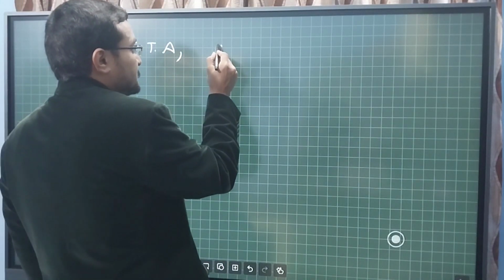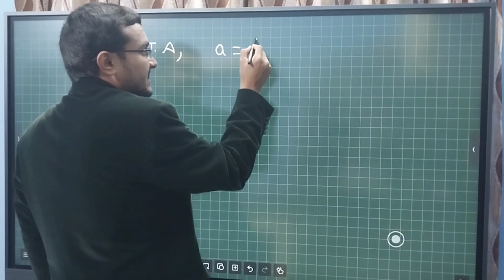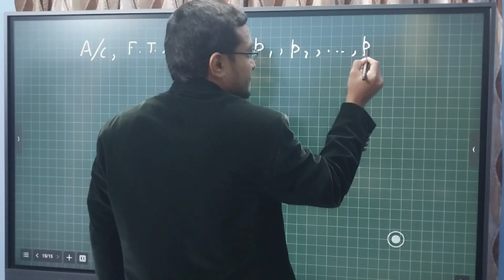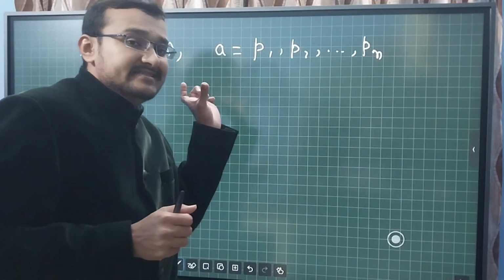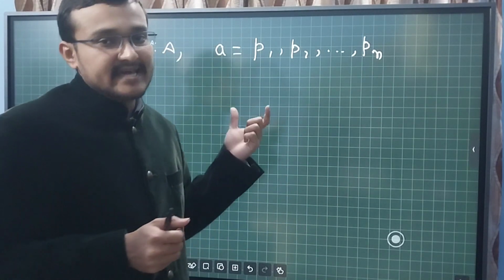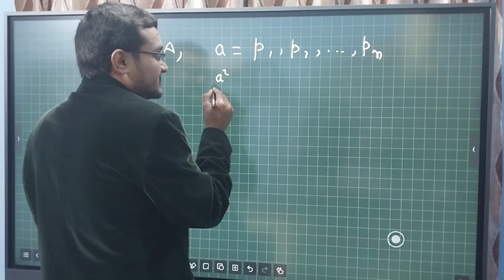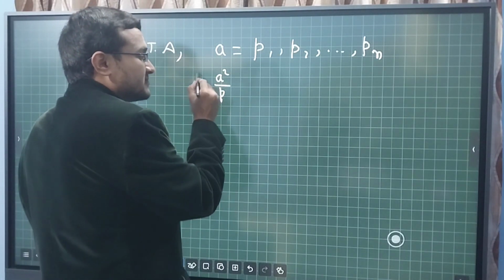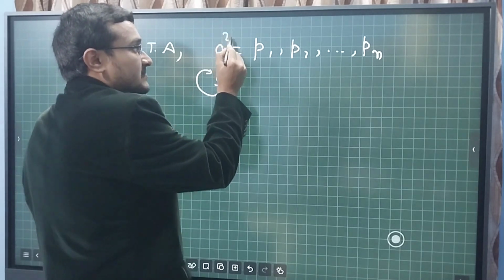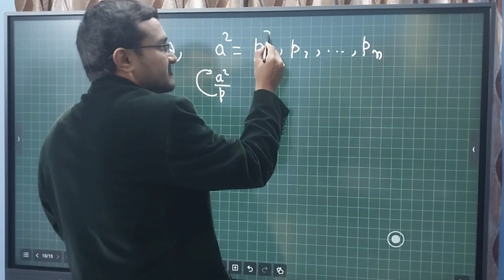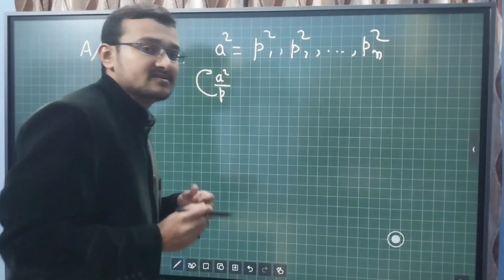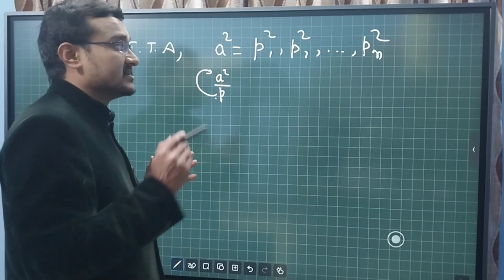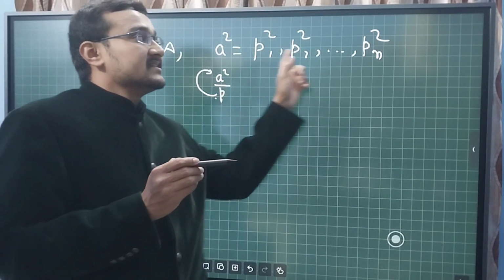So if A has P1, P2 up to Pn as its prime factors, then that will be unique for A. A square is getting divided by P, so P is also a prime factor of A square, and the prime factors of A square are P1 square, P2 square up to Pn square. P is also a prime factor of A square, so this P is in this.